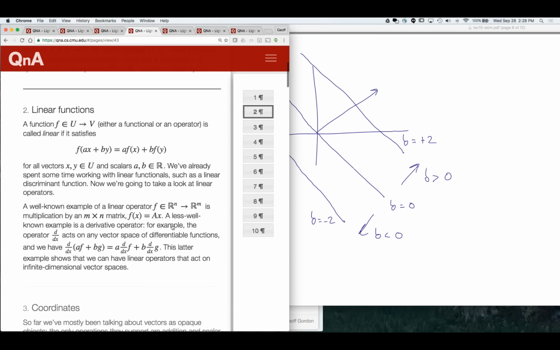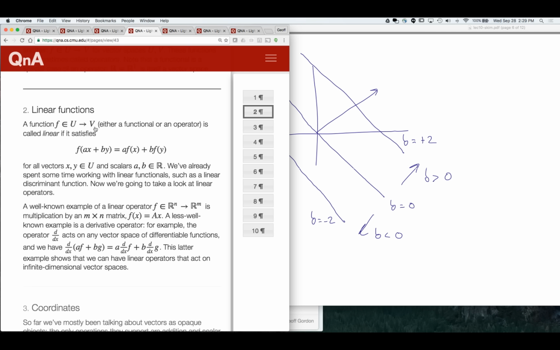So here's the definition of a linear function, right? It's a function such that f of ax plus by is a f of x plus b f of y. And linear functions are pretty important. We're going to work with linear functions that go from one vector space U to another vector space V, right?